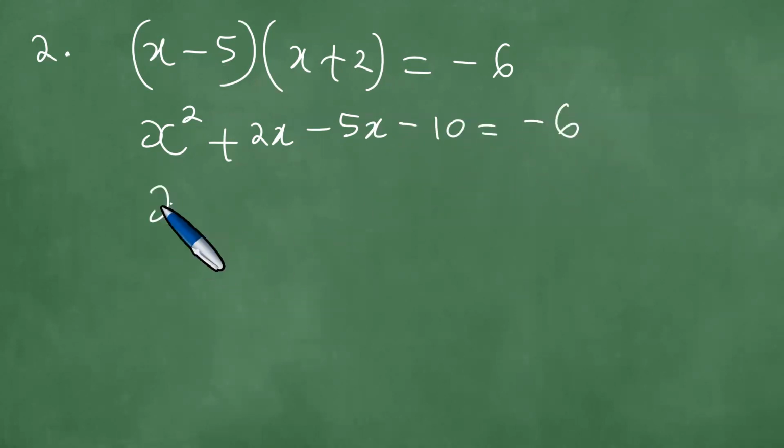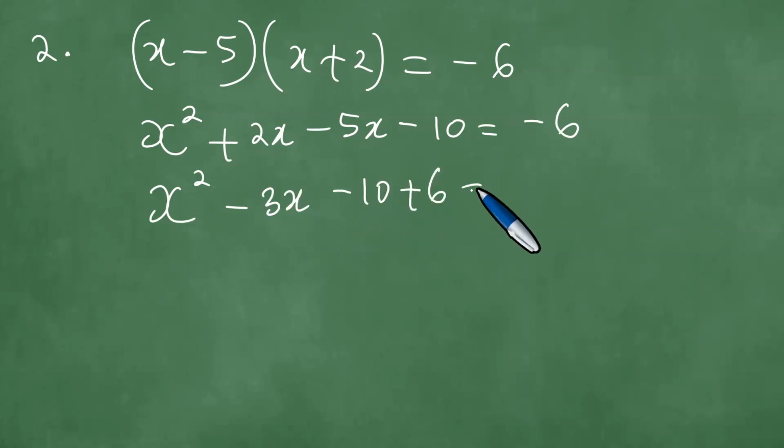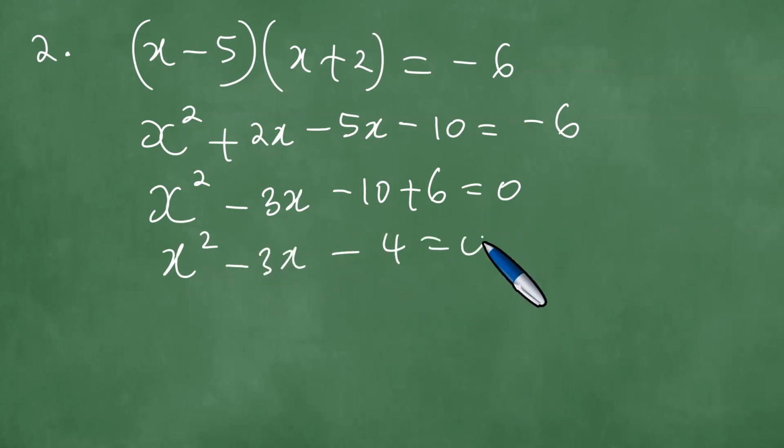And obviously, Tando is right. We can therefore have x squared. What is 2x minus 5x, anyone? Negative 3x. What is minus 10 plus 6? Negative 4.